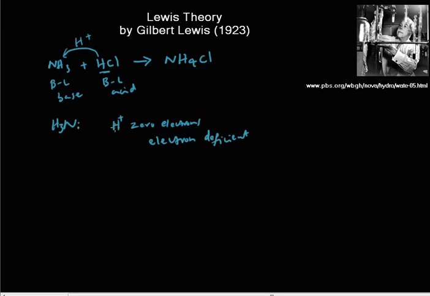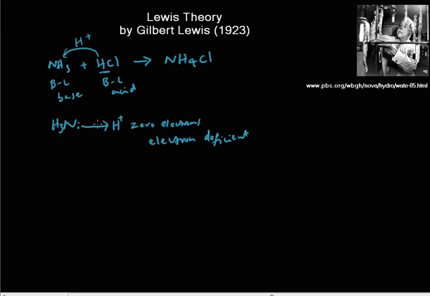So how can this proton or hydrogen ion overcome that electron deficiency and become stable? Well, you have this nitrogen atom bearing a lone pair of electrons, so this nitrogen gives a pair of electrons to this hydrogen ion, and this pair of electrons is equally shared by the two. Now the hydrogen becomes stable because it owns that pair of electrons as well.